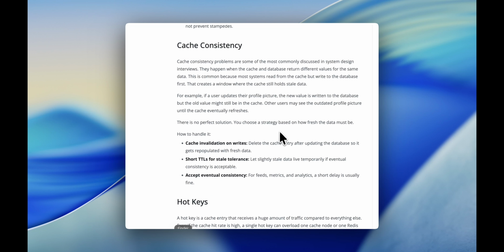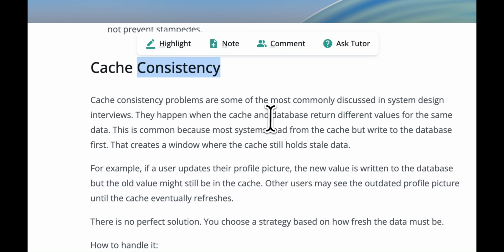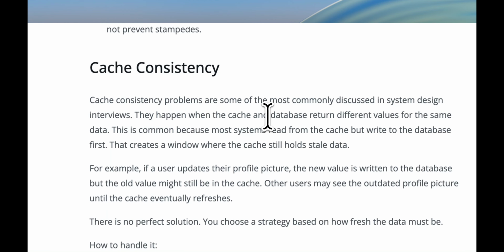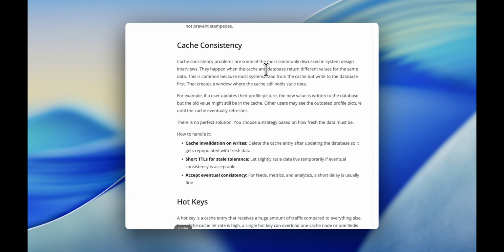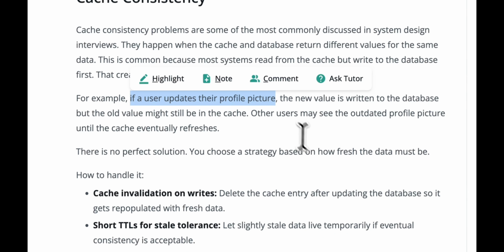With this, we also have some problem in caching. This is the important one, the consistency. The consistency is basically, I will give an example. Let's suppose you have a website where a user updates their profile picture.